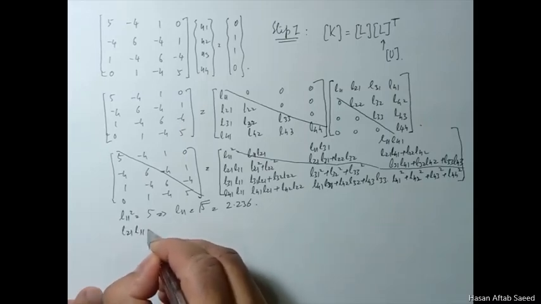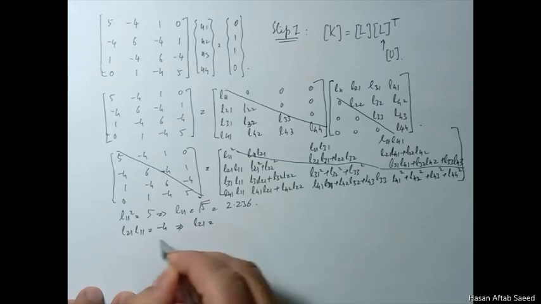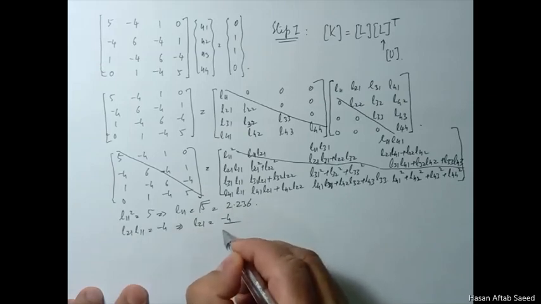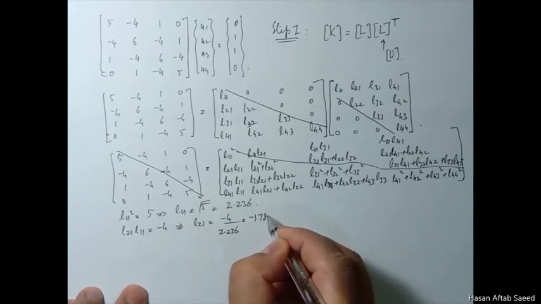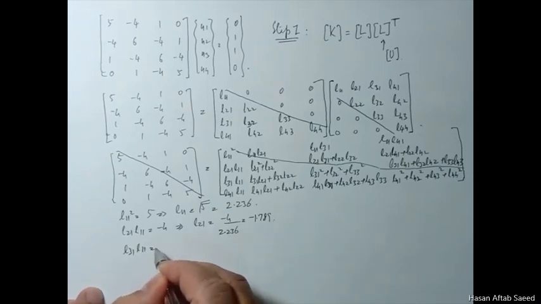L21 L11 is equal to minus 4, which implies that L21 is equal to minus 4 over L11. L11 we just calculated, 2.236, which gives minus 1.789. L31 L11 is equal to 1.